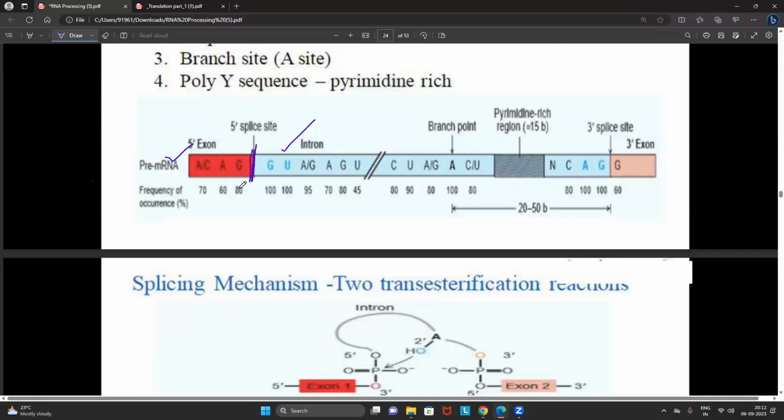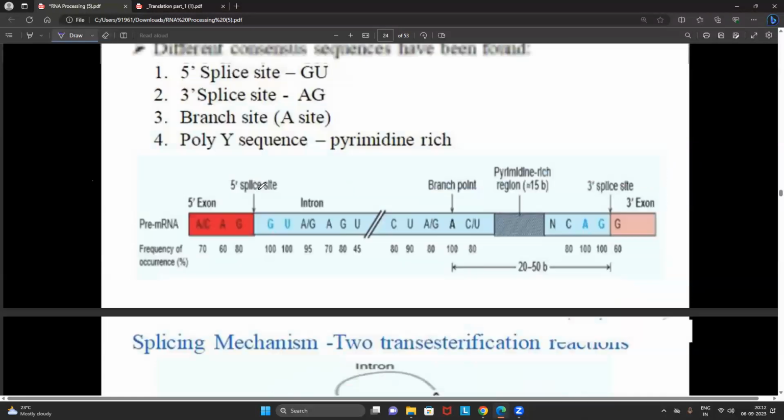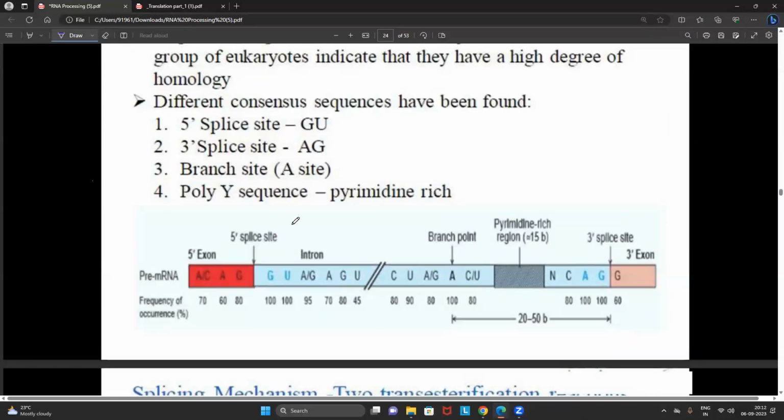What happens? The coding information is lost, which leads to very dangerous mutations. That's why, friends, you can say that undoubtedly DNA replication is the step which is the most accurate step.